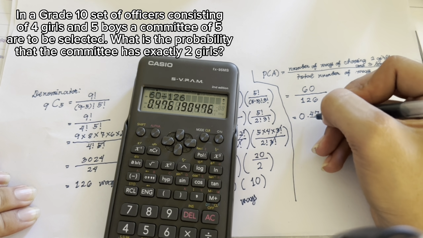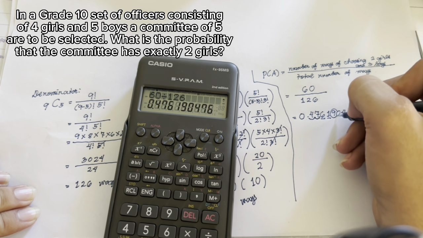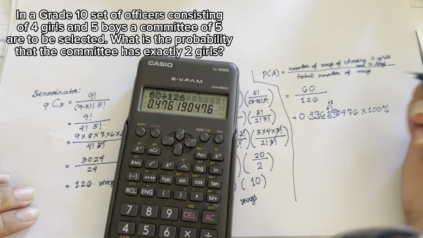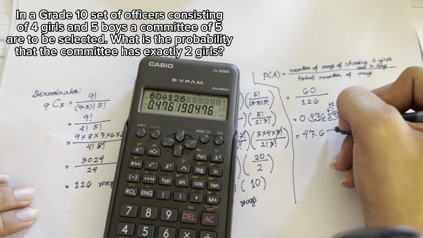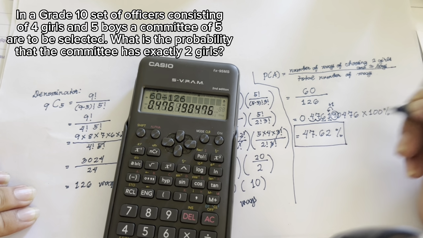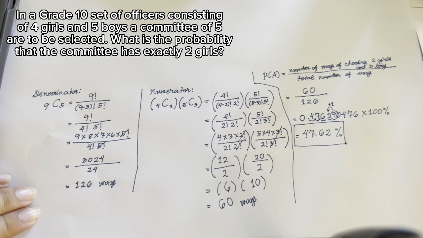No need to use your calculator, just move the decimal point twice to the right. Then choose at least 2 decimal places. Since the next digit after the 1 is 9, add 1 and round off. So the answer is 47.62%. So the probability that the committee has exactly 2 girls is 47.62%.